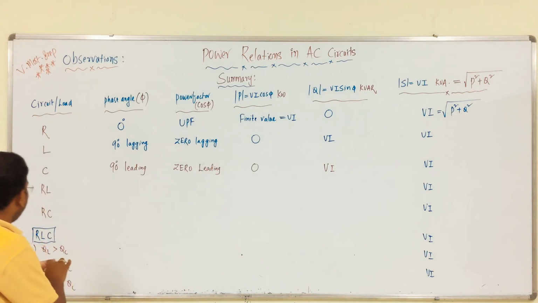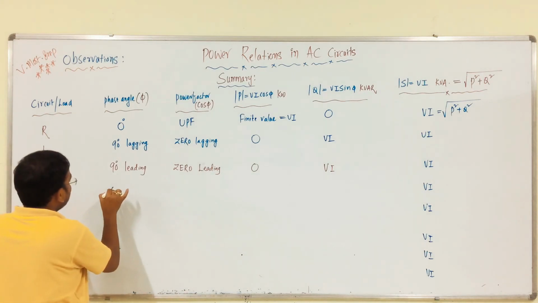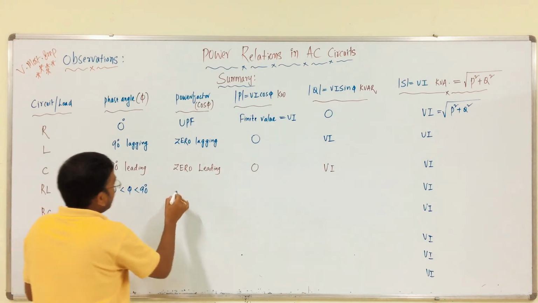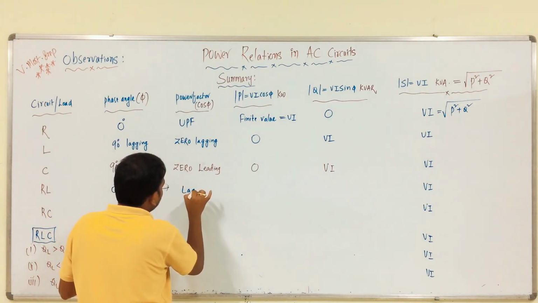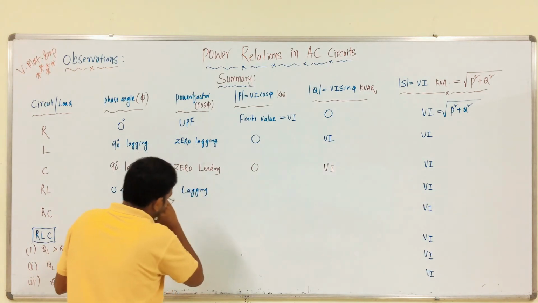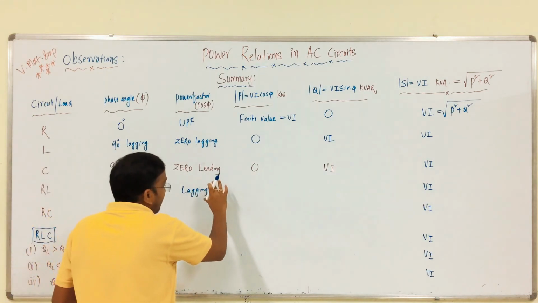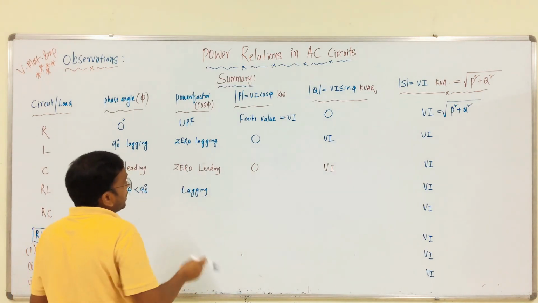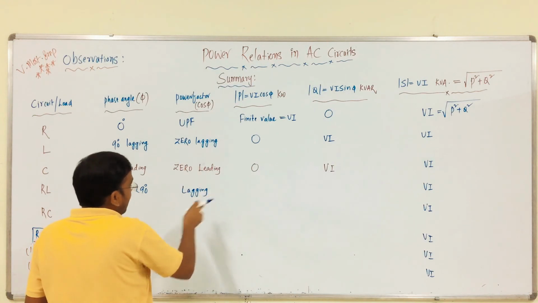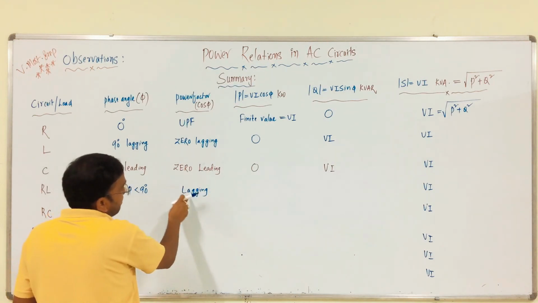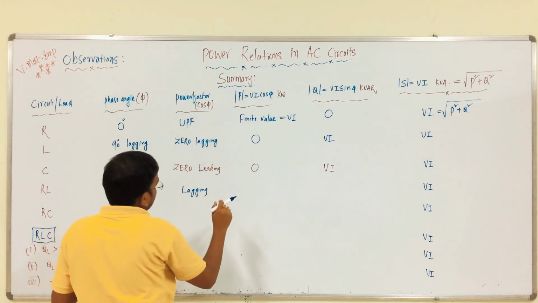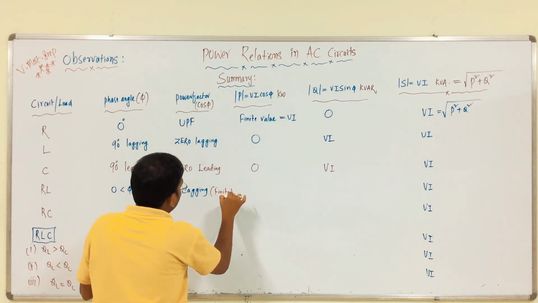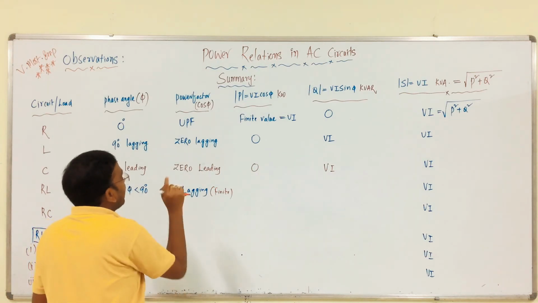Then coming to the inductive load, the range is what? 0 to 90 degrees. This is lagging only. We are having a finite value of power factor. Here we are having 0 power factor, that too leading. But here we are having some phase angle, therefore we are having a finite value of power factor, but that power factor is lagging.